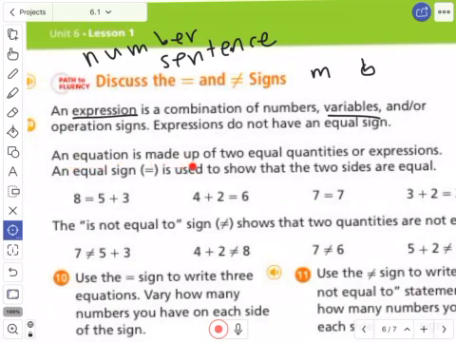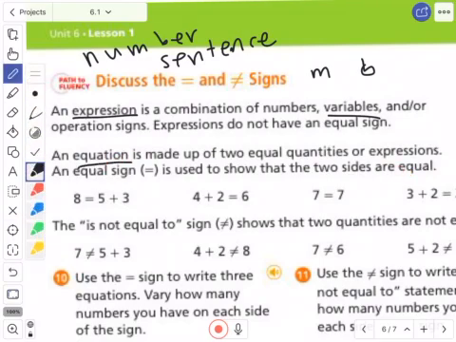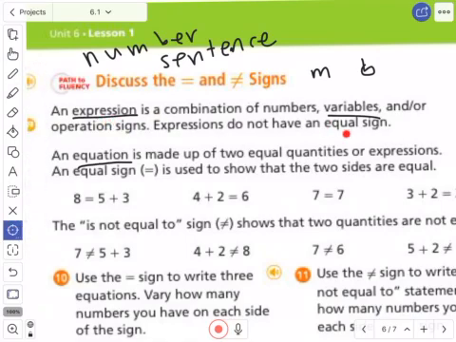An equation is made up of 2 equal quantities or expressions. An equal sign is used to show that the 2 sides are equal. So usually, I always say an equation is a true number sentence, but you can think about expression the same way. The big difference is expression, no equal sign. Equations do have them.